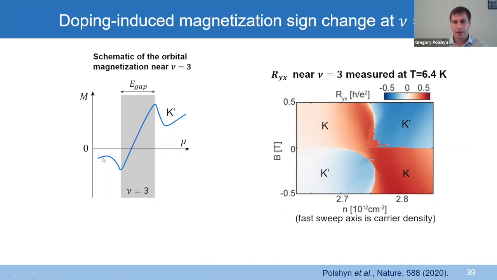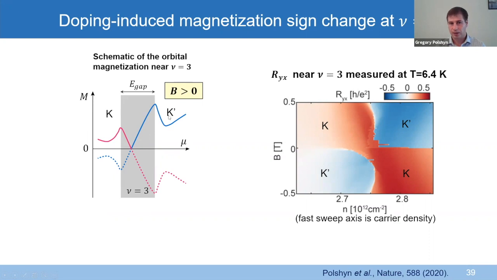If we imagine that our magnetization changes linearly and crosses zero inside the gap for one magnetic state with valley polarization K prime, then in the other magnetic state, because they are related by time reversal symmetry, the magnetization will be exactly the same but with a minus sign, right? So from this you can see that the magnetic state which is stabilized by positive magnetic field will switch at this inversion point from K to K prime.